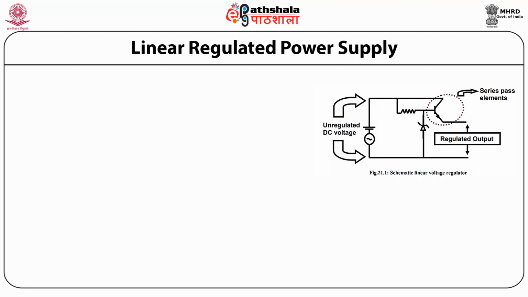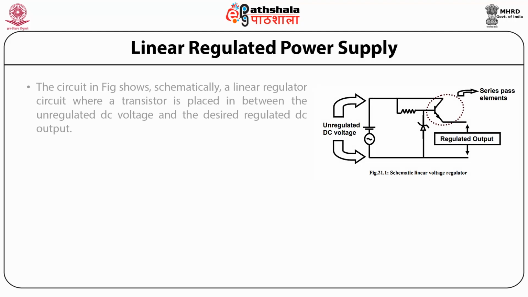Let us now discuss the linear regulated power supply. The circuit shown below schematically represents a linear regulator circuit where a transistor is placed between the unregulated DC voltage and the desired regulated DC output.